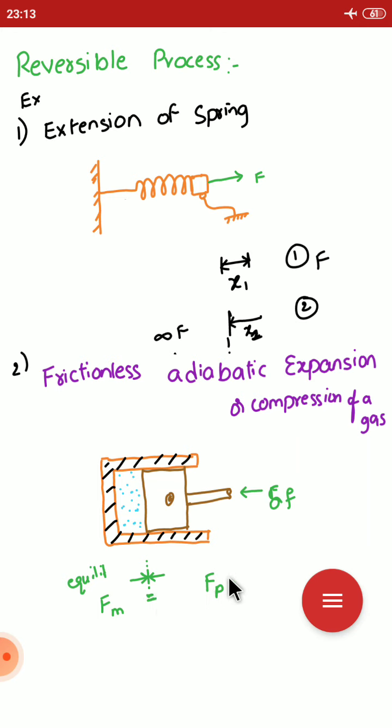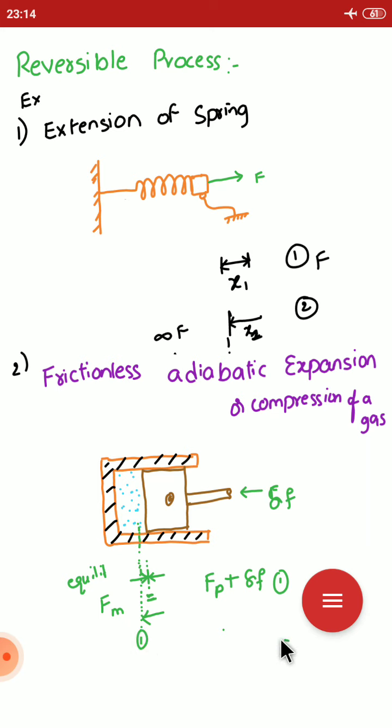When we apply an infinitely small amount of force, the piston will move against the molecules, so the molecules will come close. Now the position of the piston may be this. This is the first case: the piston moves to this position.